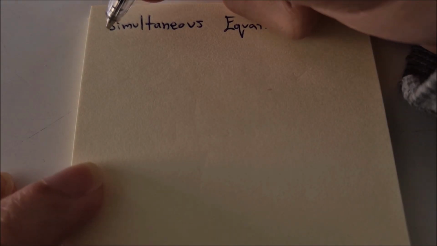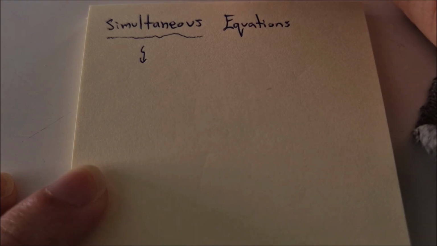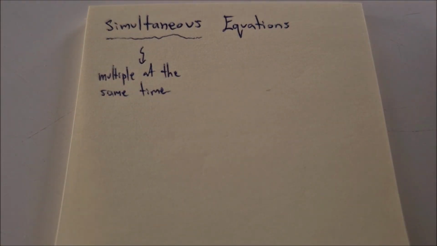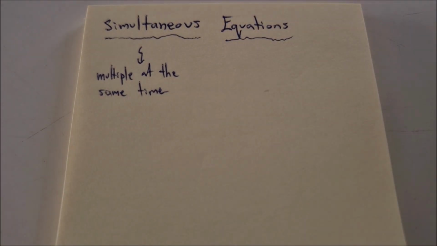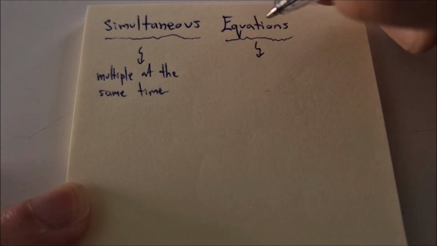First, what does simultaneous mean? That just means multiple at the same time. Now, what is an equation? From the previous video, you may remember that that's when we have an equal sign.